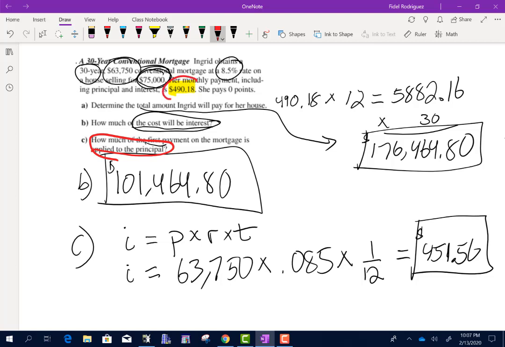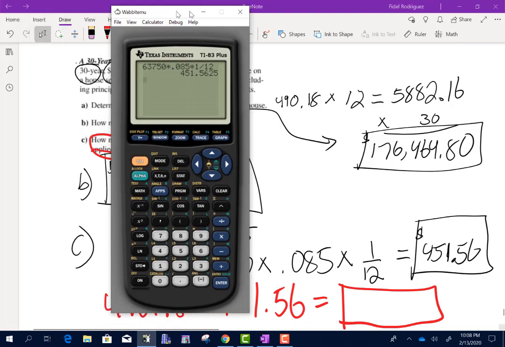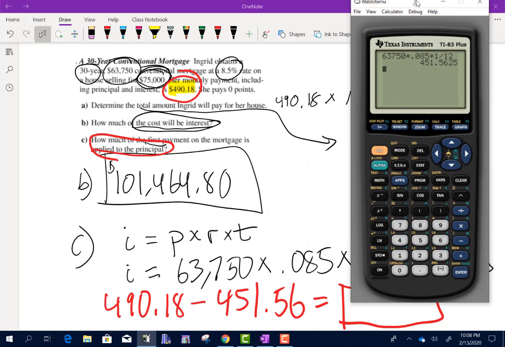Well, look at what her payment is. Her payment is $490.18. And out of that $490.18, if $451.56 of it went to the interest, then whatever's left over actually goes to the principal. So let me move this over again.